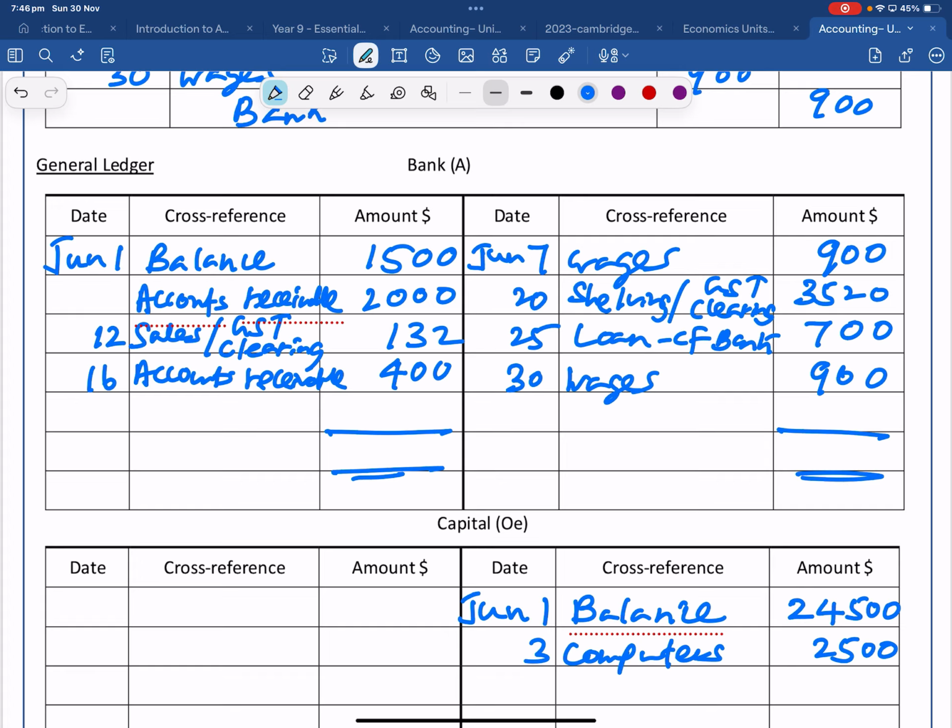I think this time it's a bank overdraft, yes? So on the trial balance, would you just say bank? Yeah, you can say bank. When do you switch to bank overdraft? When we report it in the balance sheet.